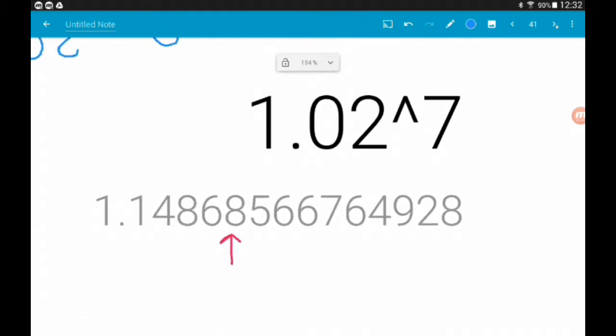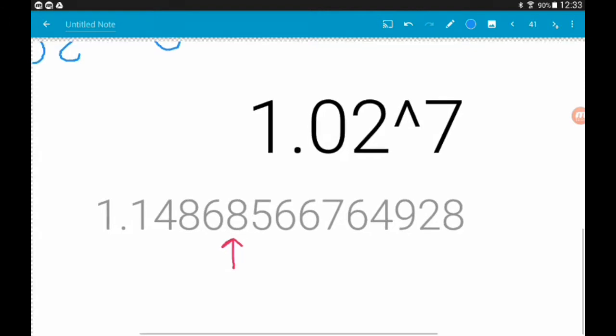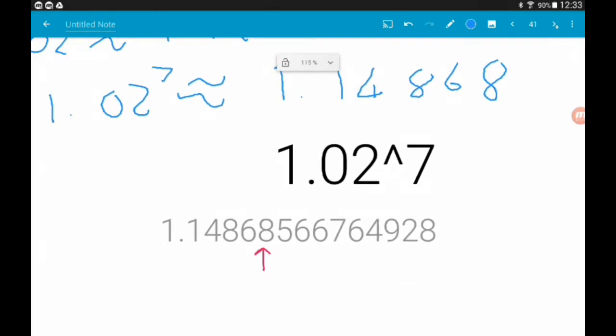So here we go, 1.148685. So really that 8 would round up to a 9. Now, you might ask, what's the point in doing this if we've just got to use a calculator to get the approximation? To which I completely agree, but we need to be able to do it because our exam papers will ask us to do it.